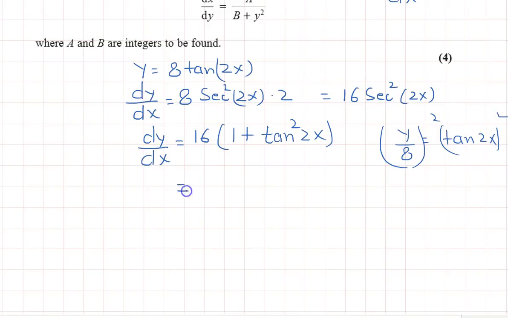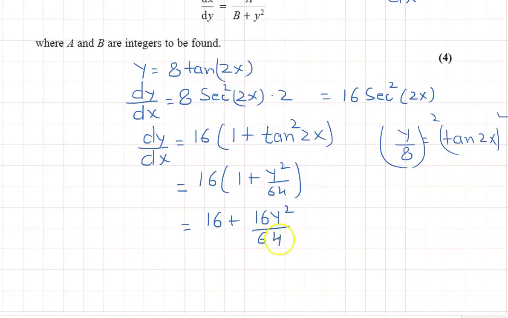So that is equal to 16 times 1 plus y square over 64. So it's making some sense. That is 16 plus 16 y square over 64, so that will be equal to 16 plus y square over 4, which can be written as 4 over 64 plus y square.